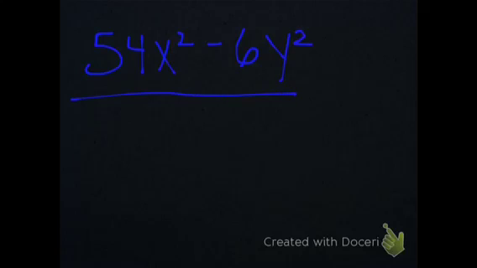So we can divide this whole equation or term by 6. This will leave us with 6 and 54 divided by 6 is 9x squared subtract y squared.